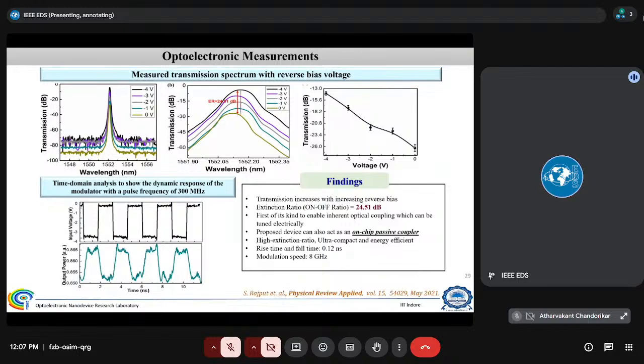When you apply voltage from 0 to 5 volts, your optical transmission peak also shifts. So we had 24 dB separation between optical on and optical off. That means it's a kind of switch. It's a kind of intensity modulator, which is modulating the output intensity.